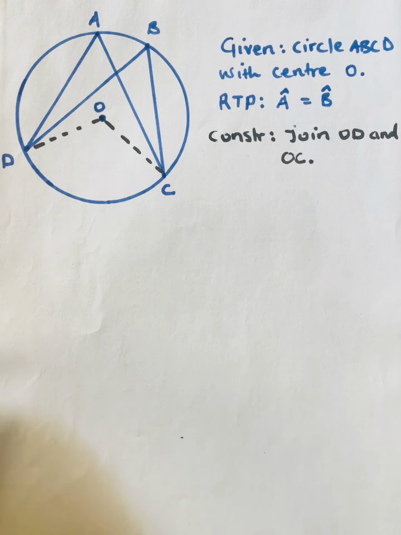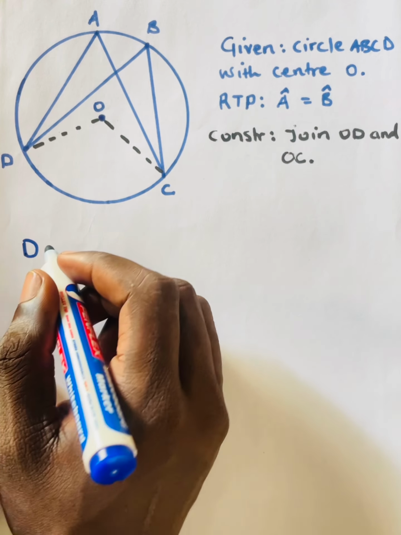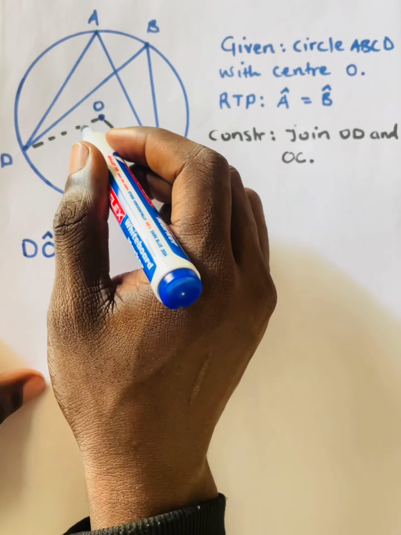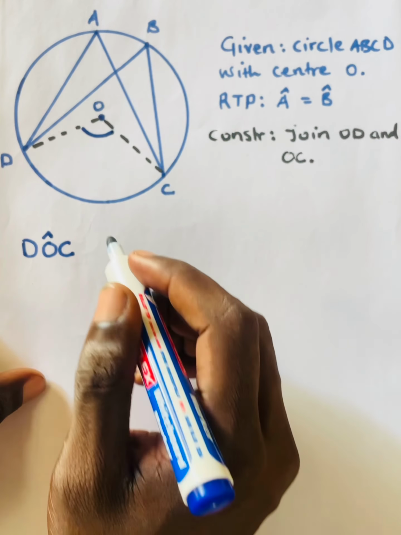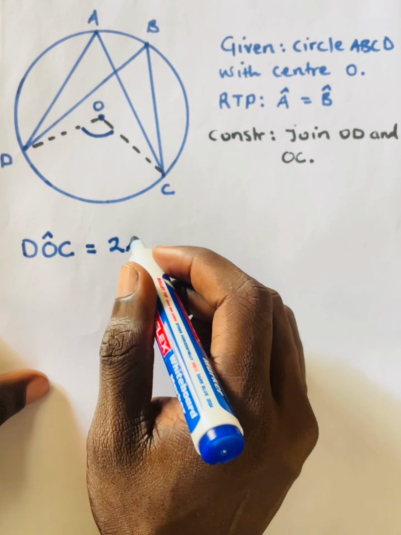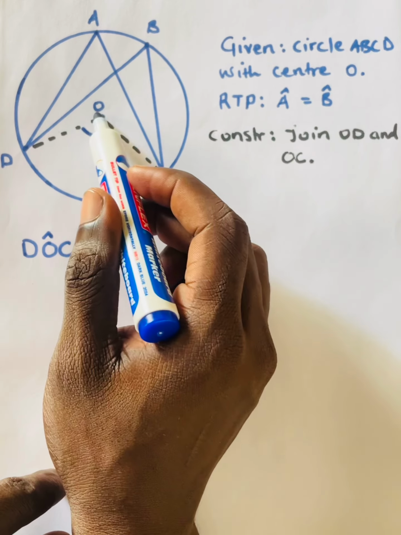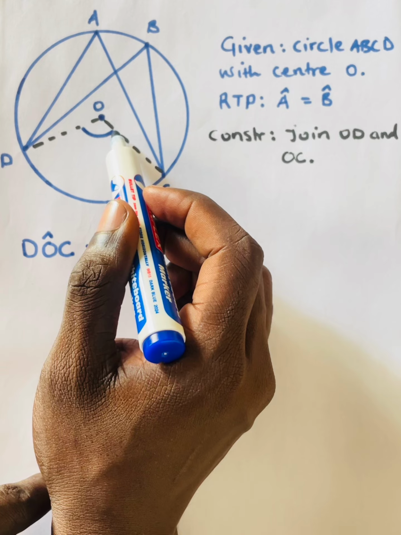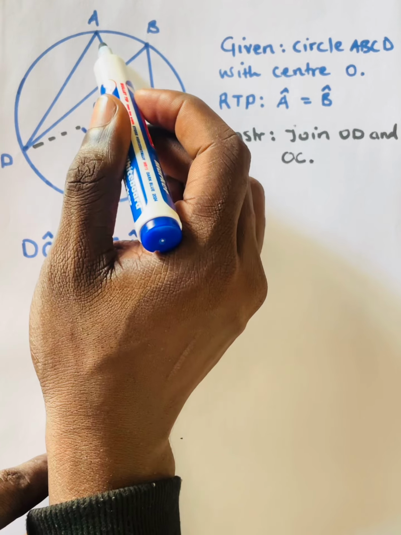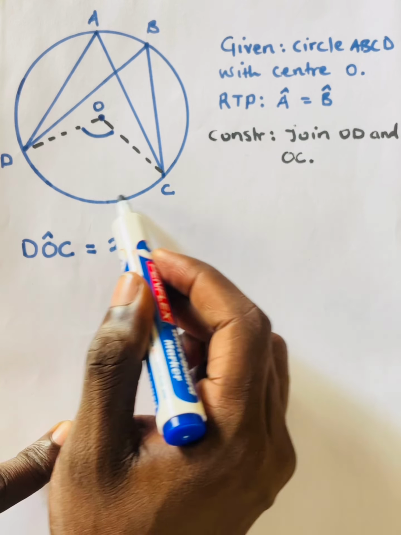We're going to say angle DOC, meaning this angle here, is equal to twice angle A. Angle DOC is the angle at the center, and angle A is an angle at the circumference, and they are subtended by the same arc DC.